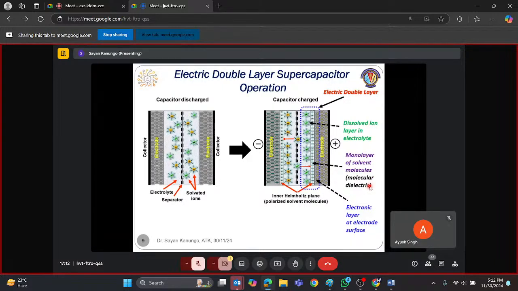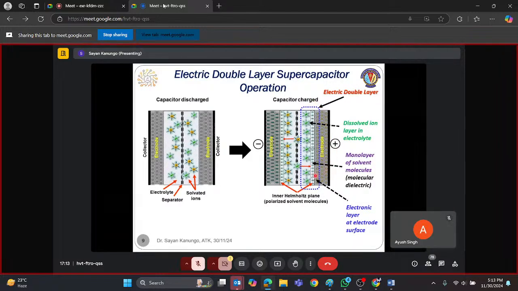So from a very basic understanding of a parallel plate capacitor, if we draw a simple analogy, we can argue that two charge layers are separated via an ultra thin dielectric layer, which also happens to have a very large dielectric constant.